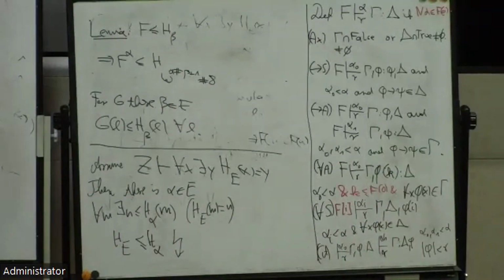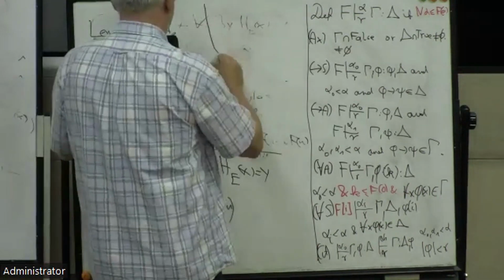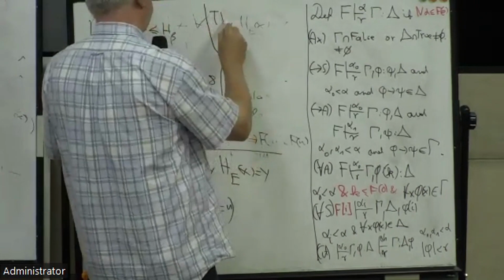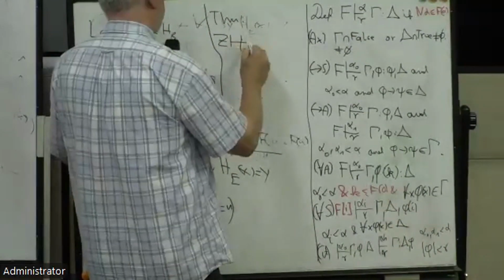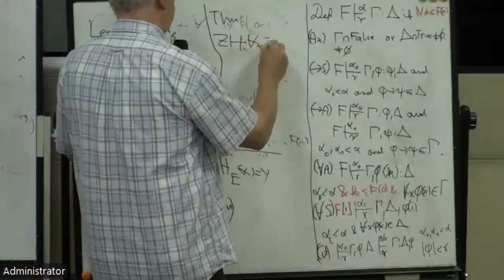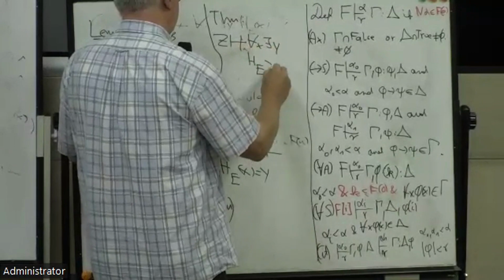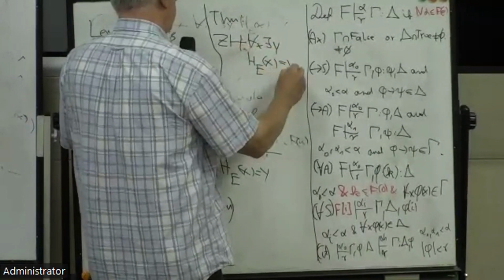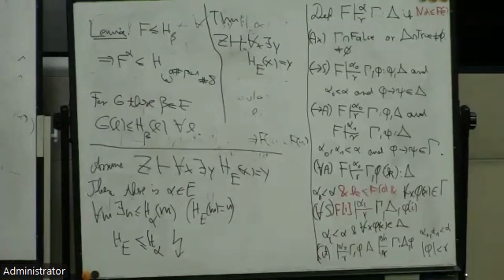So this is basically the proof of the upshot, the final theorem of today. Z does not prove for all x there is y, H E of x is equal to y, and E stands as a codification of epsilon 0.